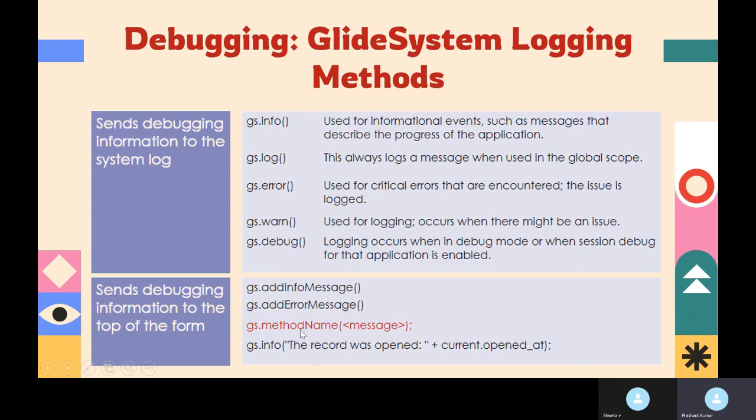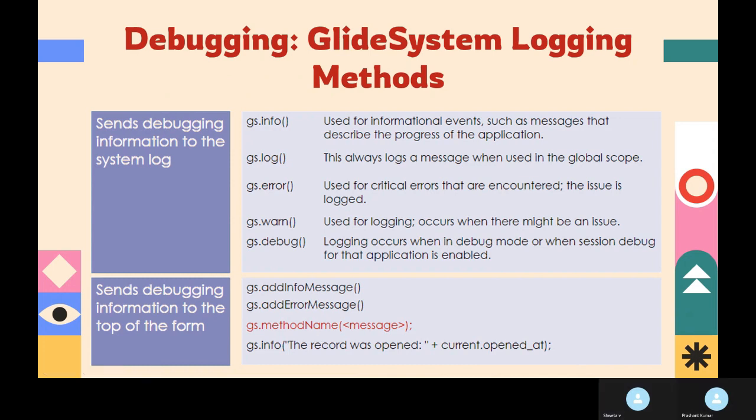And these are the methods whose information is displayed on the form. You will see it sends debugging information to the top of the form. With addInfoMessage and addErrorMessage, we get information at the form level itself.